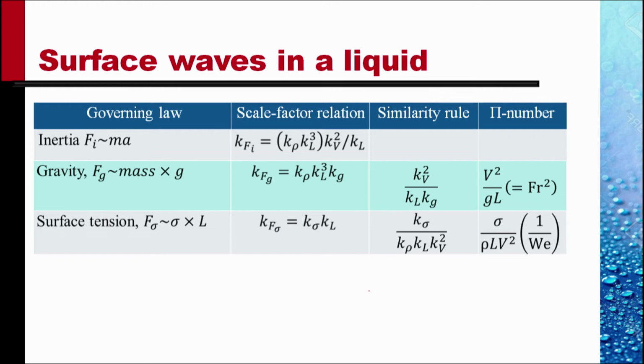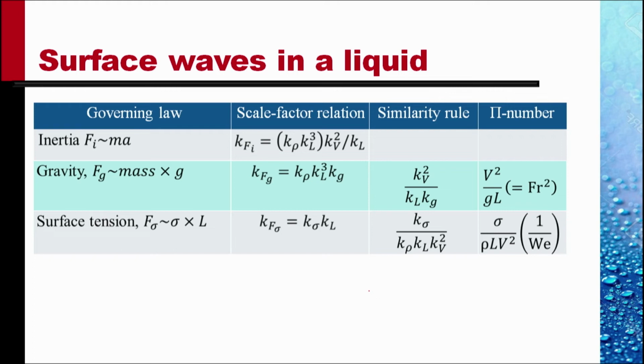we write the scale factor for inertial forces. We write scale factor for gravity forces, mass times g. So Kf for gravity would be K rho KL cubed for mass and Kg. For surface tension, which is like sigma times L, Kf surface tension would be K sigma times KL.